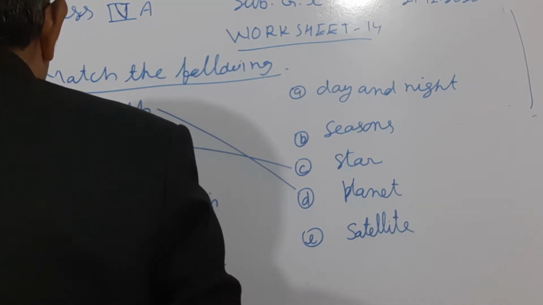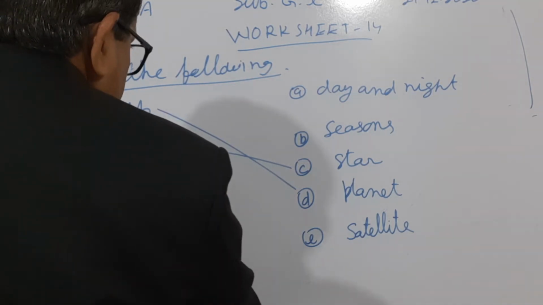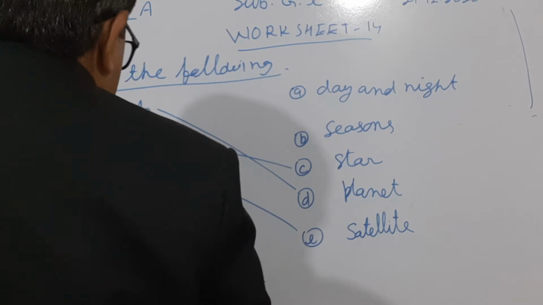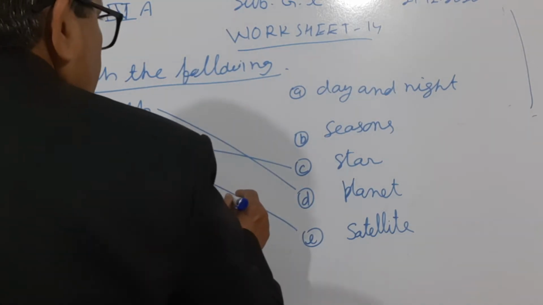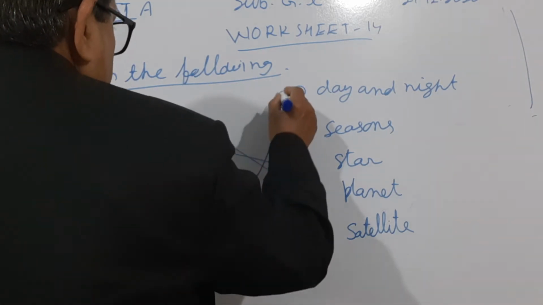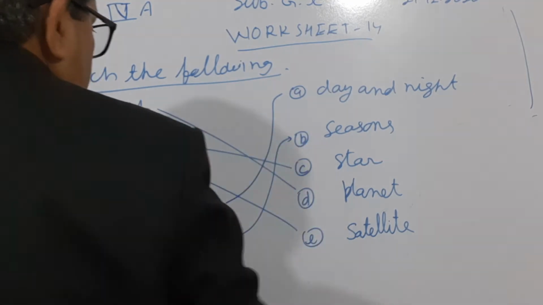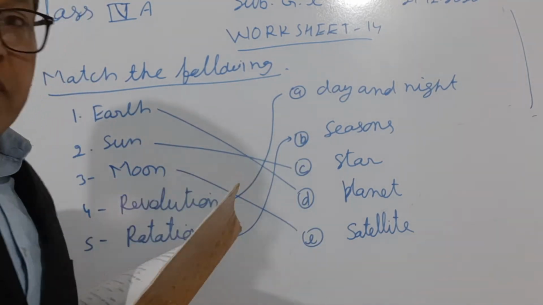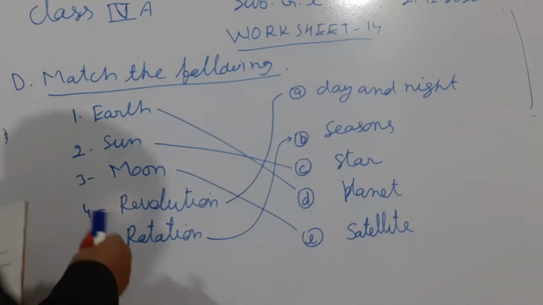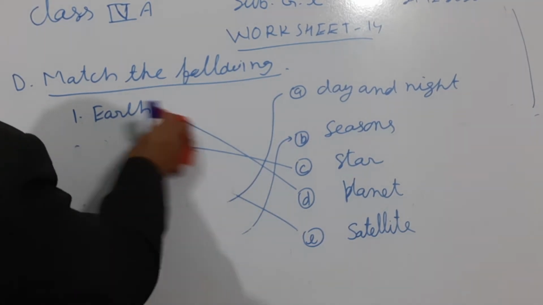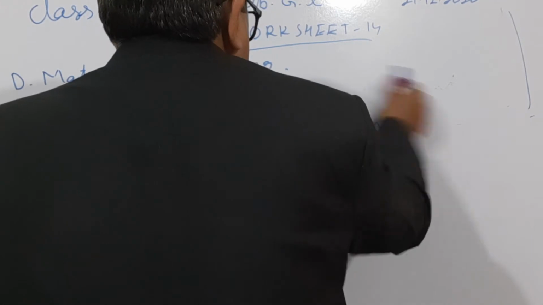Moon is a natural satellite, and next revolution. Revolution causes day and night. Rotation causes the seasons. So you have to match the following in such a way, or you can write it another way.